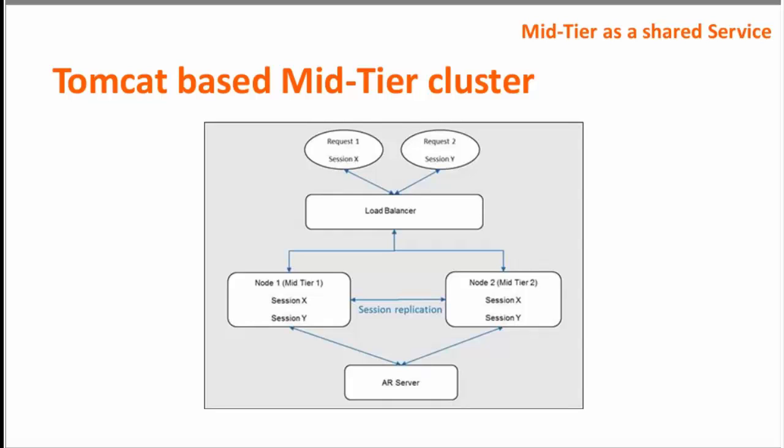See how it works. Let's assume two users, user A and user B, are trying to log in to the system. Because of the load balancer, request 1 from user A goes to Midtier 1, which is running on node 1.